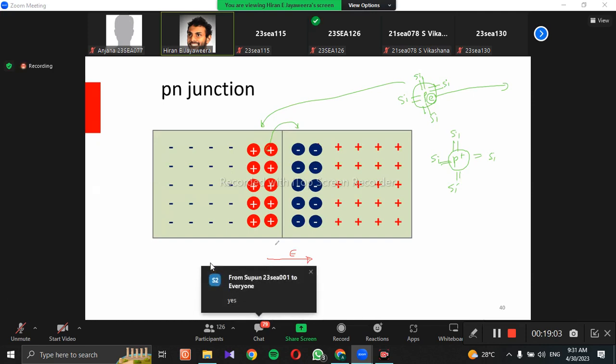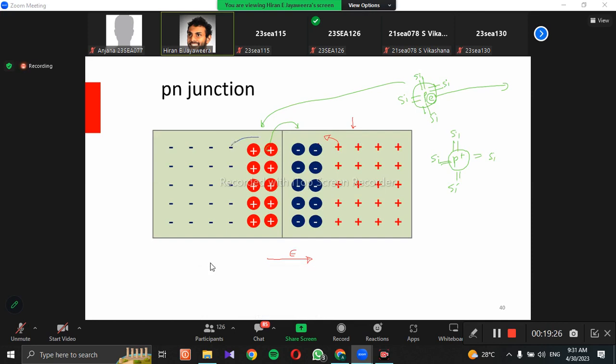Right. Now, let's say if you look at this section, you have a lot of positively charged particles. These charged particles tend to move in this direction because of the diffusion. Now, let's look at the electrons also. They also tend to move towards this direction because of the high density here. Now, let's assume we get one free electron, and it moves here.